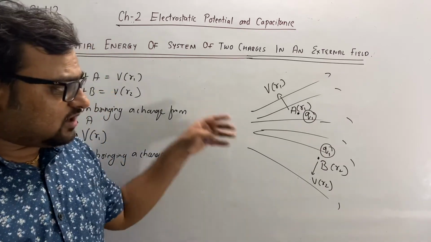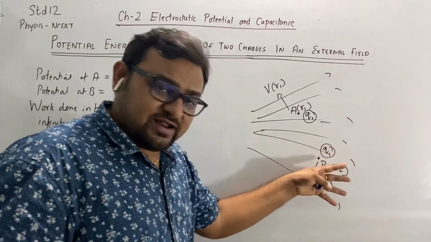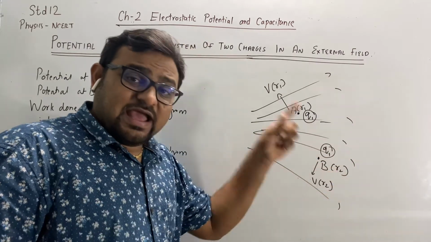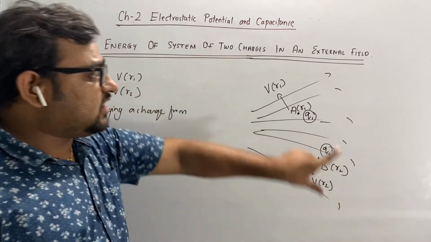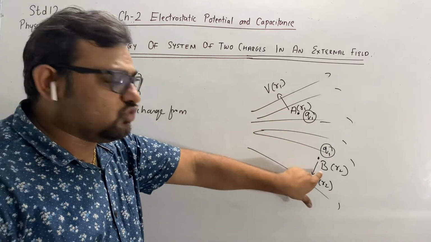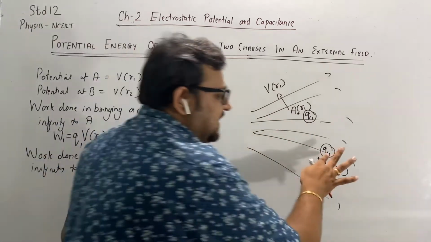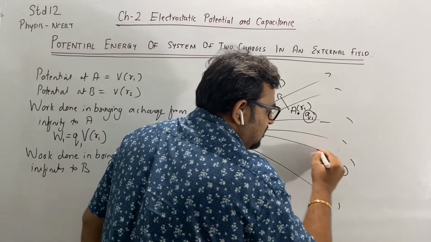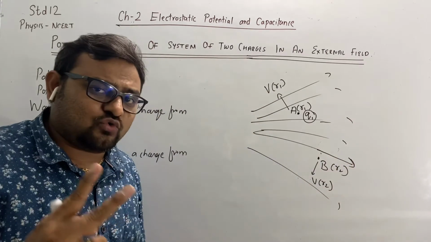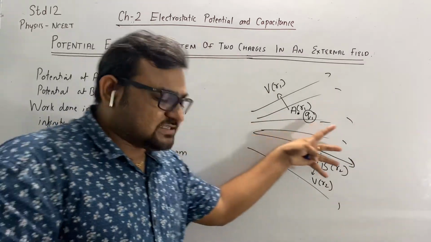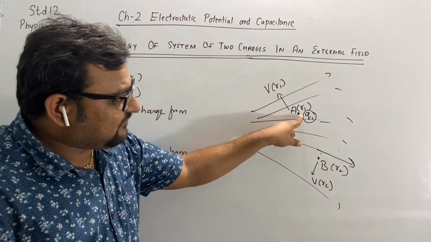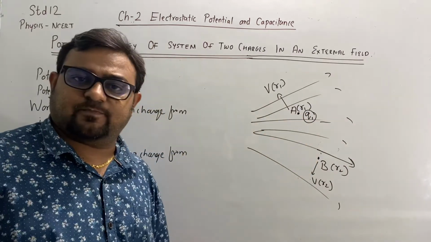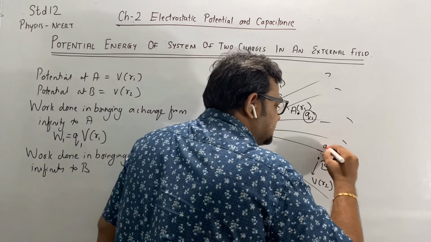First, work done against this existing field. And second, work done against the field due to Q1. See now, when there is no charge, sorry, it's Q2. When there is no charge, there are two fields. One, this existing field, and second, the field due to charge Q1. And now we are bringing charge Q2.